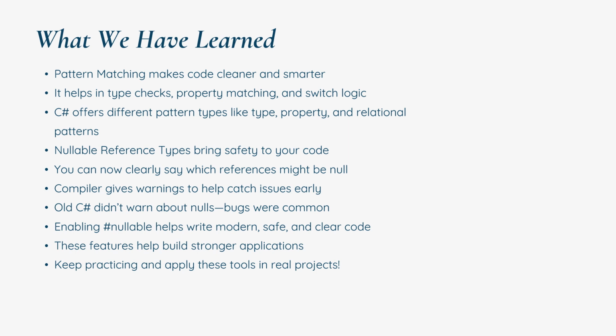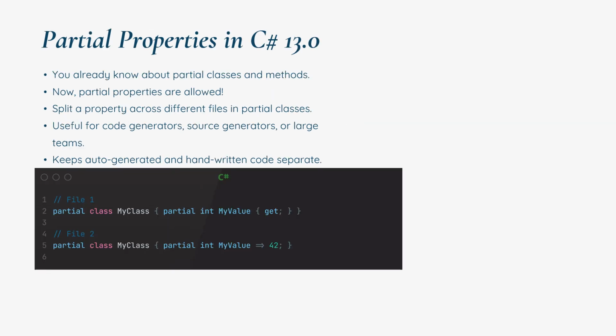Another powerful new feature in C# 13 is partial properties. You may already be familiar with partial classes or partial methods. These allow you to split your code across multiple files, which is great for big projects or when you work with auto-generated code.